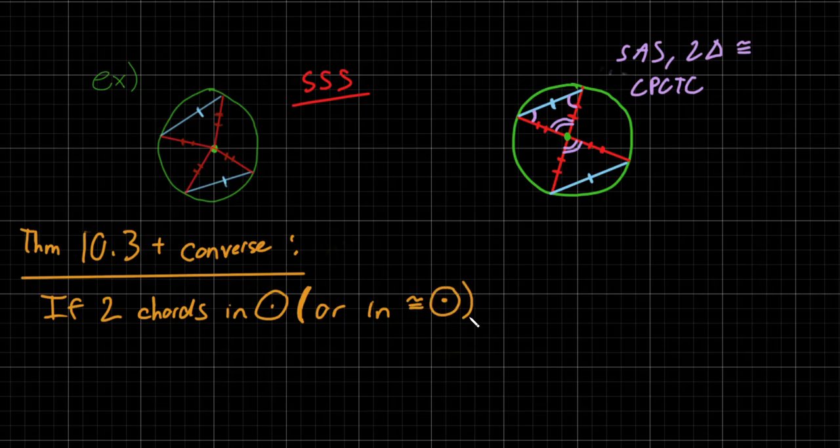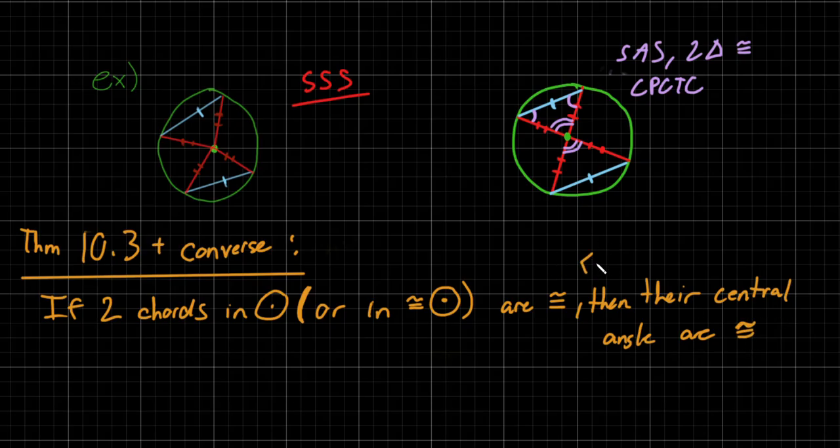So it might be in the same circle or it might be two different congruent circles. So if two chords are congruent, then their central angles, which are these vertical angles, are congruent. And this is an if and only if, so we have double arrows going.